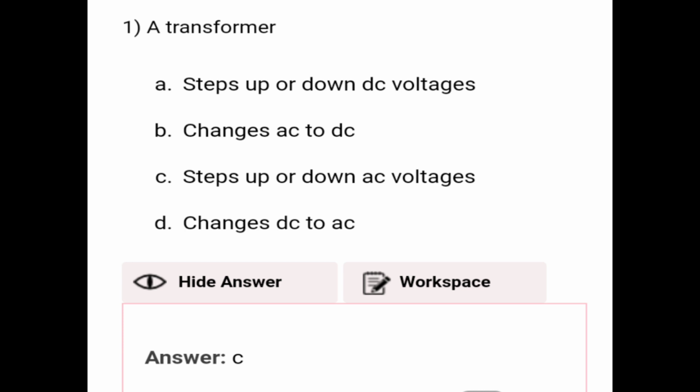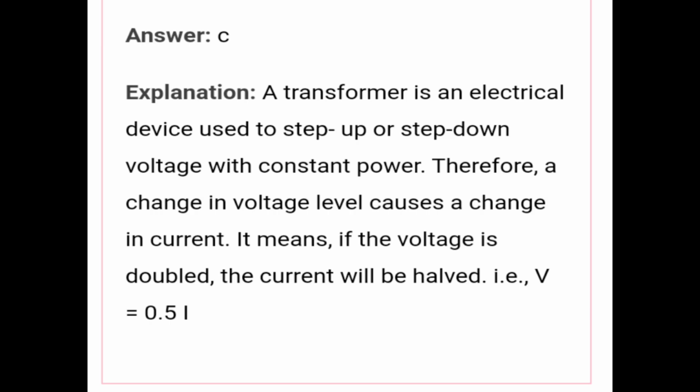It means a transformer works only on AC voltages. A transformer is an electrical device used to step up or step down voltage with constant power. Therefore, a change in voltage level causes a change in current. It means if the voltage is doubled, the current will be half, that is V = 0.5 I.